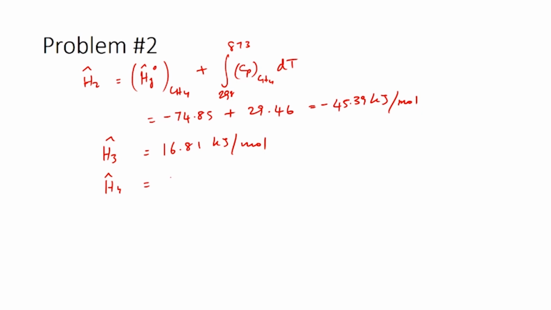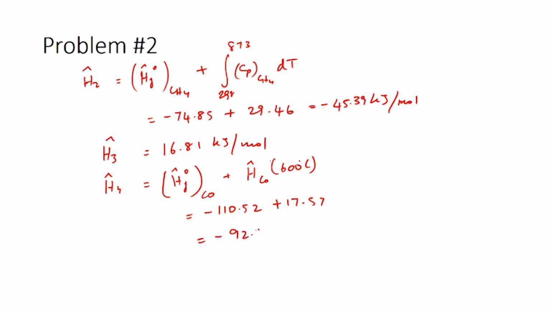The first step would be the heat of formation of carbon monoxide, and in the second step we do not have to do integral CpdT, we would be able to get the enthalpy value for carbon monoxide with reference to 25 degrees Celsius from the combustion gases table. So, you have H cap CO at 600 degrees Celsius, and this would be equal to minus 110.52 plus 17.57 giving minus 92.95 kilojoules per mole.